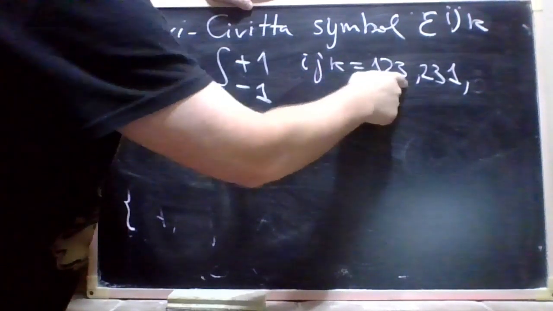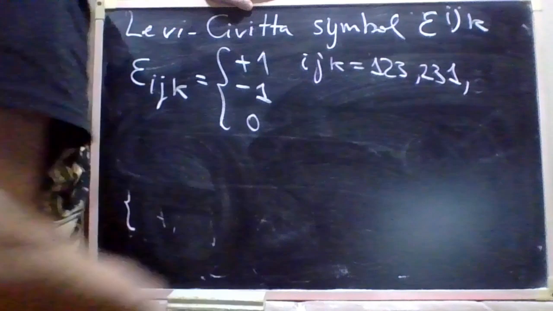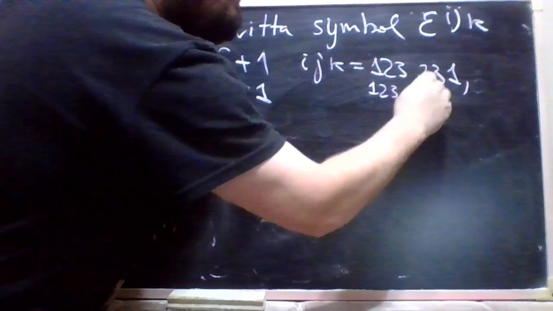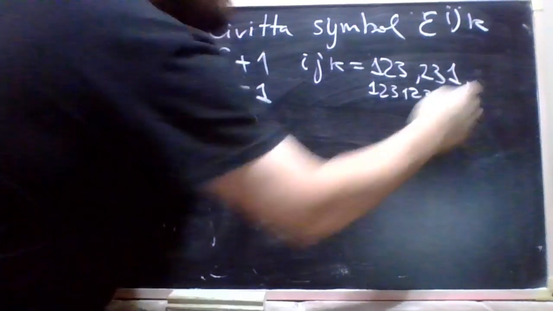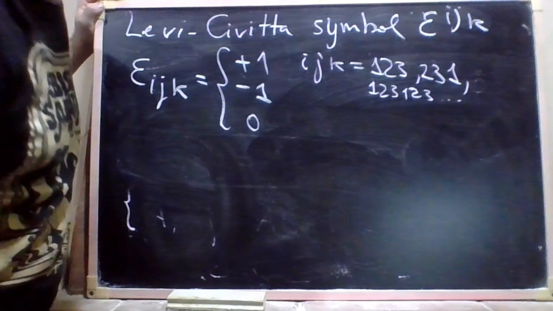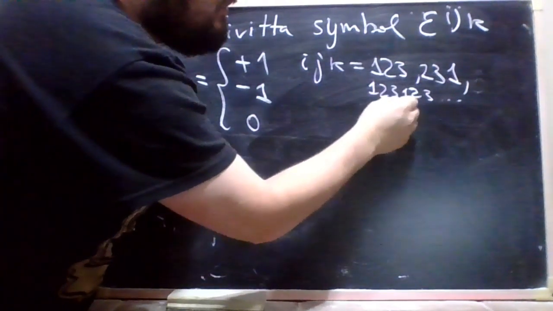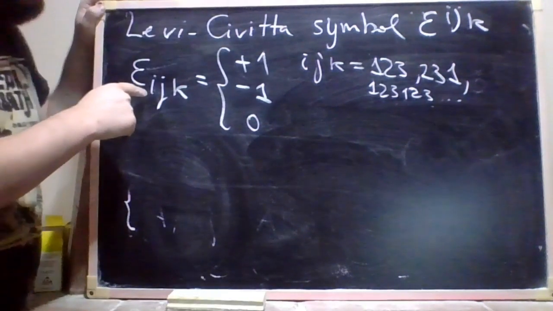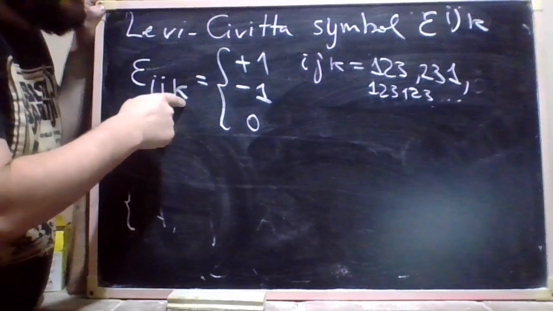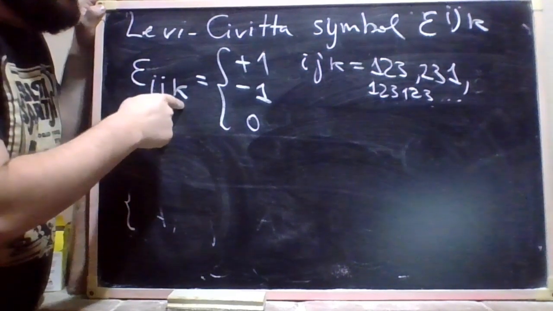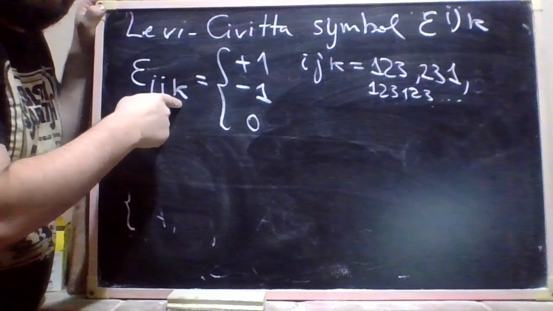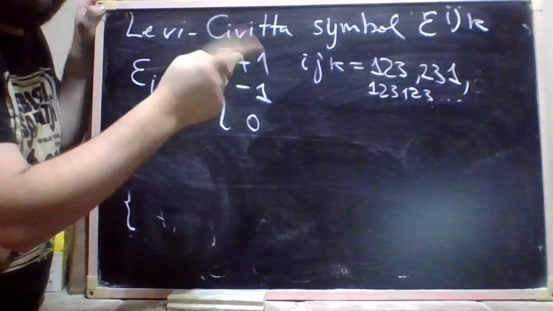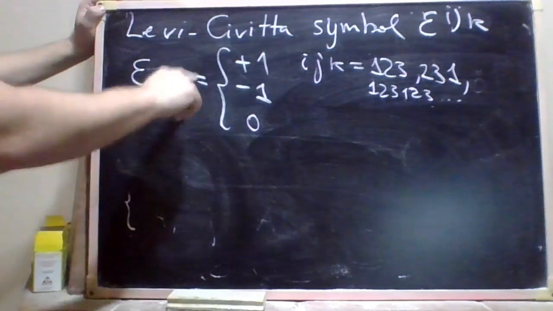Any sequence you want, or you can write the sequence 1, 2, 3, 1, 2, 3, and so on. The cycle goes forever: 1, 2, 3, or 2, 3, 1, or 3, 1, 2, or again 1, 2, 3. If you plug in 1, 2, 3, or 2, 3, 1, or 3, 1, 2, you'll get a plus 1. It's a cyclic permutation of indexes.